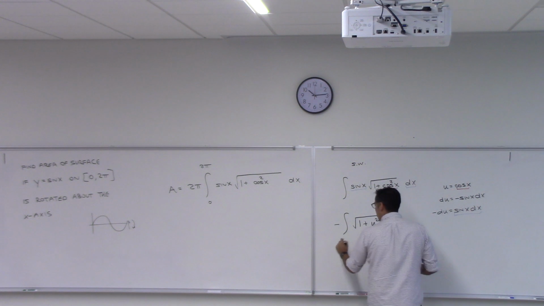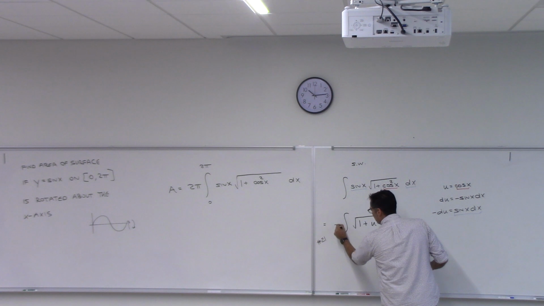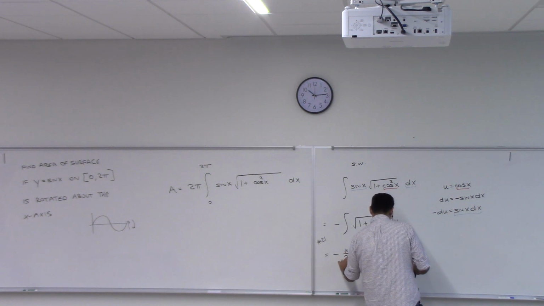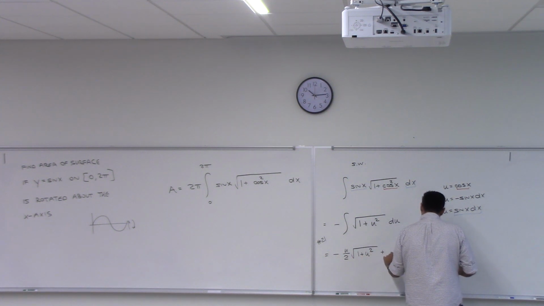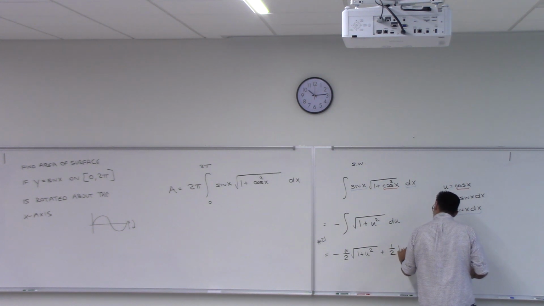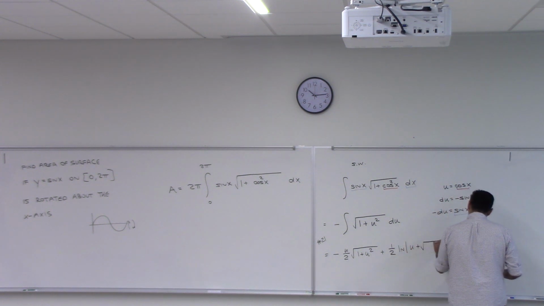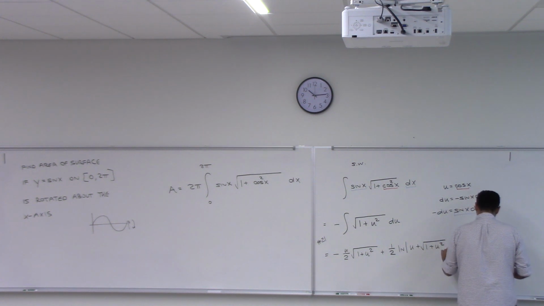According to formula number 21, I have the negative that was sitting out here, and then u over 2 square root of 1 plus u squared, plus a squared, a was 1 for us, so 1 over 2, and then natural log of absolute value of u plus the square root of 1 plus u squared.